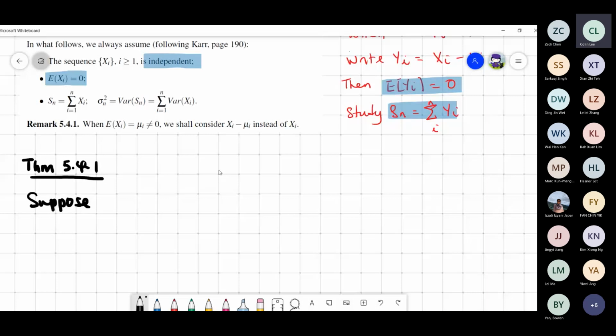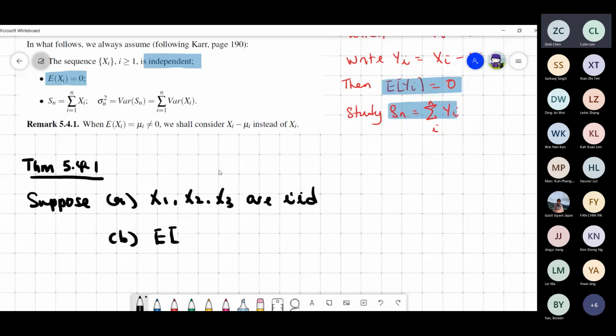So what are the hypotheses? Suppose first of all x1, x2, x3, and so on are independent and having the same distributions. Also we assume E of xi to be 0. This is not important, just to simplify our formula. Number 3, we assume the variance of xi, using the notation sigma squared, is not infinity and greater than 0.